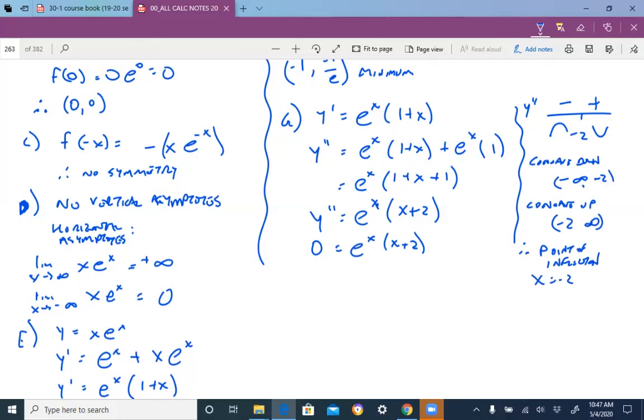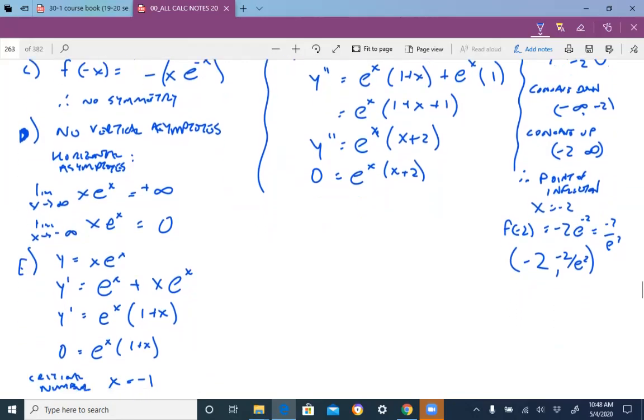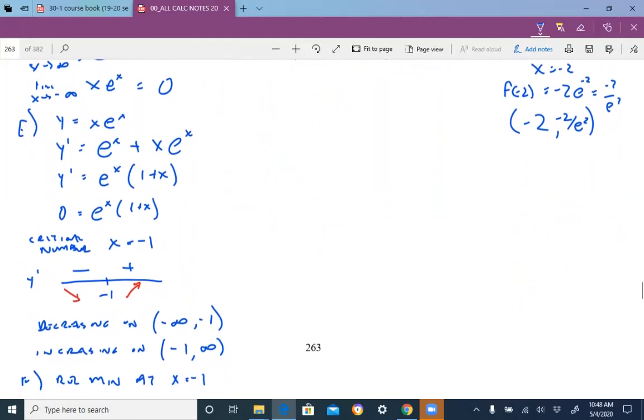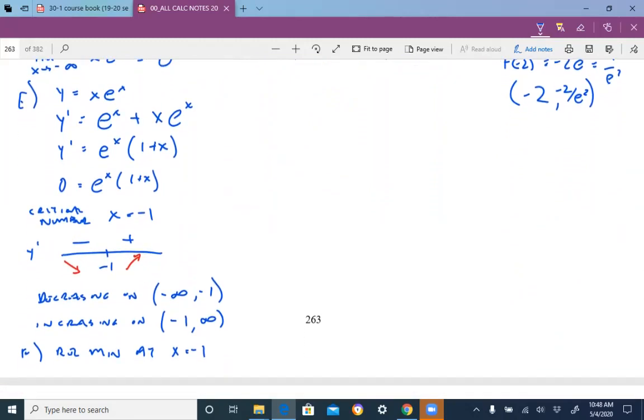We run that through our original f at negative 2, and this ends up being equal to negative 2 times e to the negative 2, which is negative 2 over e squared. There's my point of inflection. All right, we'll put all that together in a graph.